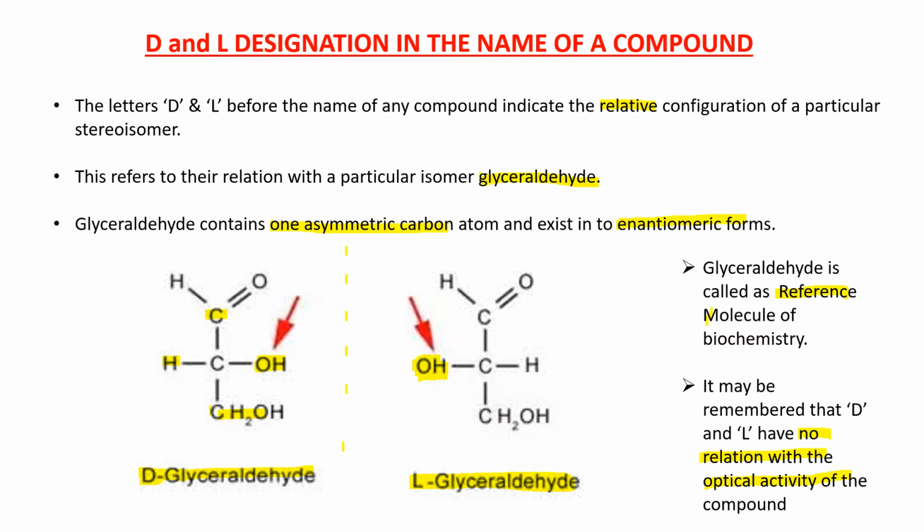It means that on assigning D and L configuration to a compound, we will not know in which direction the optical activity occurs, whether it is in the right direction or in the left direction. The optical activity is just shown by the chiral carbon atom. So if in a compound a chiral carbon atom is present and there is no symmetry in that compound, then the optical activity of that compound will be shown.